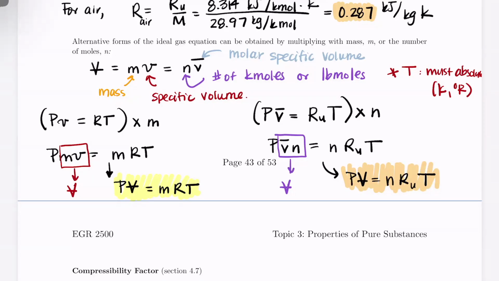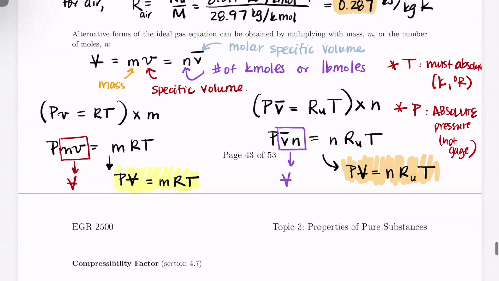But since we only have T in this equation and not a delta T, we need to make sure we're using those units. And also P is an absolute pressure, not gauge, so you want to make sure you're including atmospheric pressure in there as well.